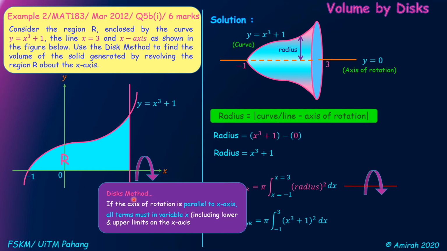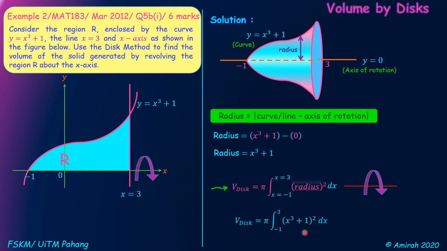For this method, which is for a solid object, if the axis of rotation is parallel to the x-axis, a horizontal line, all terms must be in terms of variable x, including the lower and upper limits, which must also be on the x-axis.